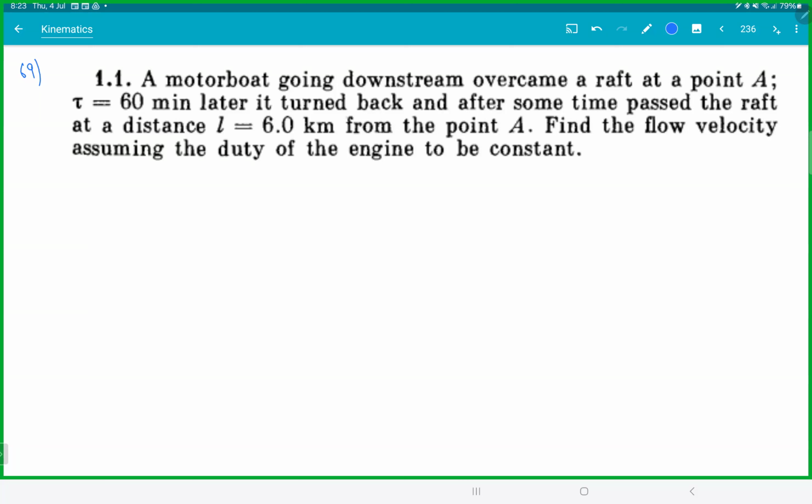Let's try. Give it a try. Read it. Let's see. You understood. Why will the raft be stationary?